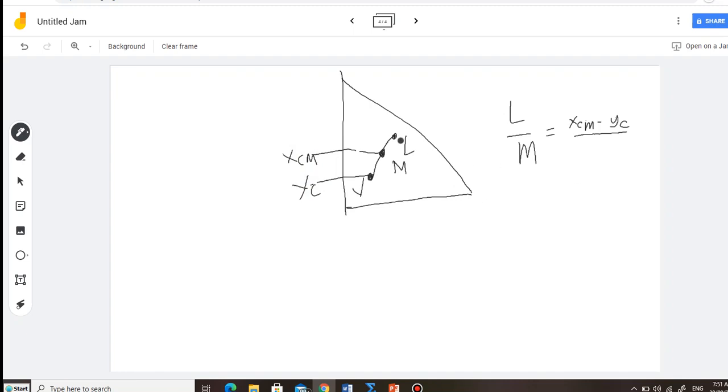The M will be this, so I will add here XC for the feed. So you have this one, XC minus this one, YC. So for the M, it's the entire thing, but for the L, it should be the other one. So, inverse lever arm rule. Not this one, but rather this one.